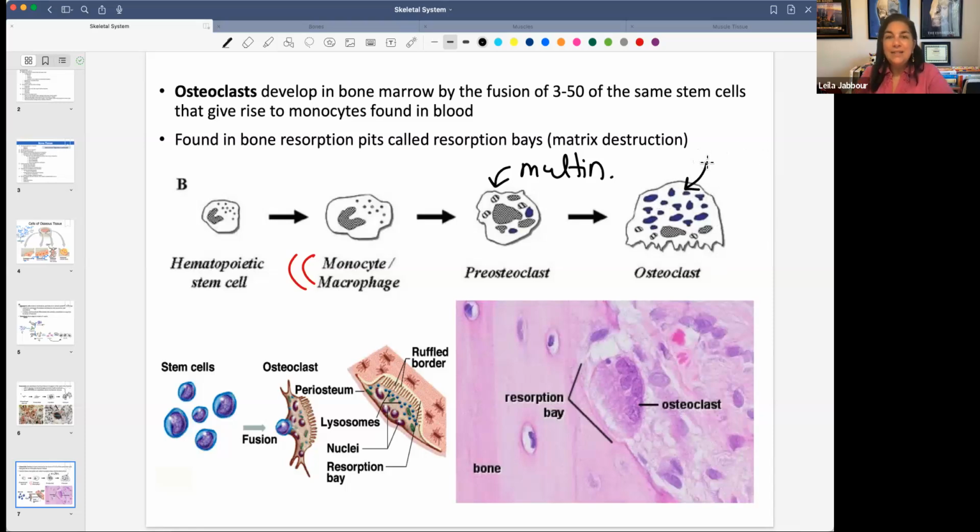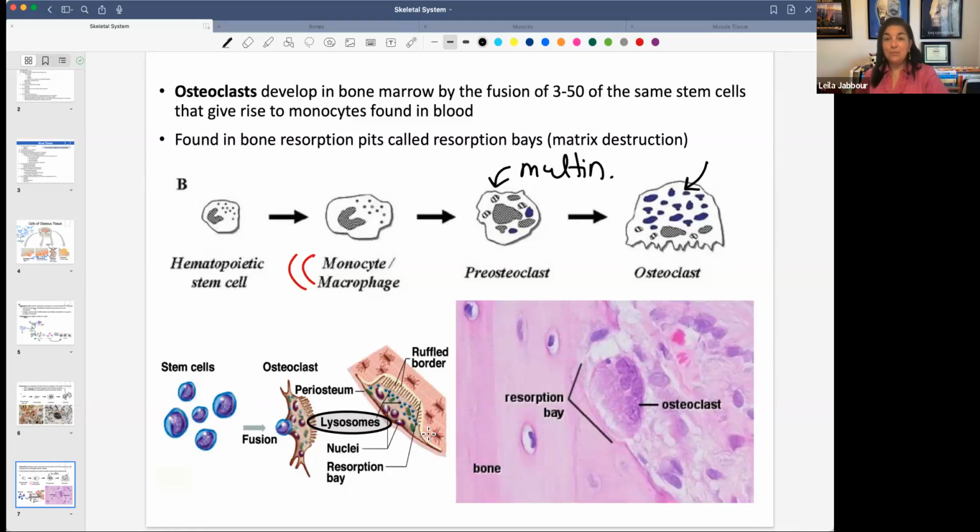What makes it an osteoclast is that it has not only all these multiple nuclei, but it has vesicles or lysosomes. Actually, it's right here. These lysosomes right here, in green in this particular diagram, are packed with digestive enzymes, and they're going to be released.